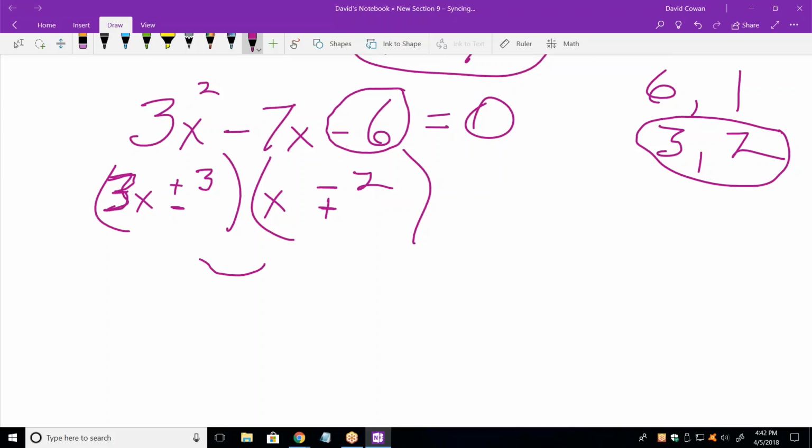Well, what does that give us for a middle term? That gives us positive 3x. Long term is negative 6x.